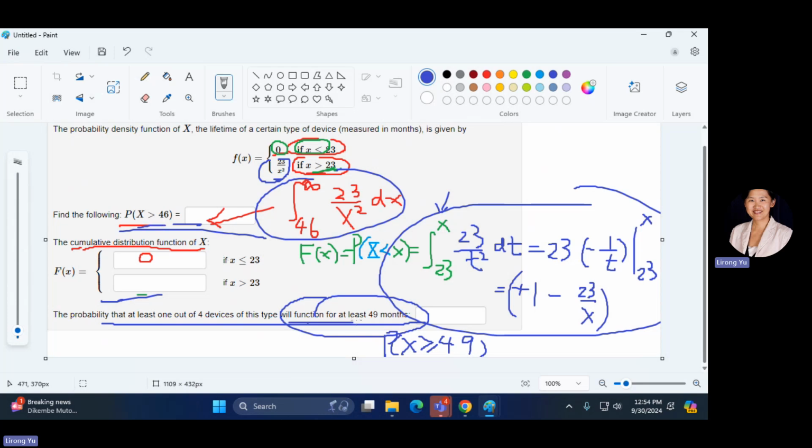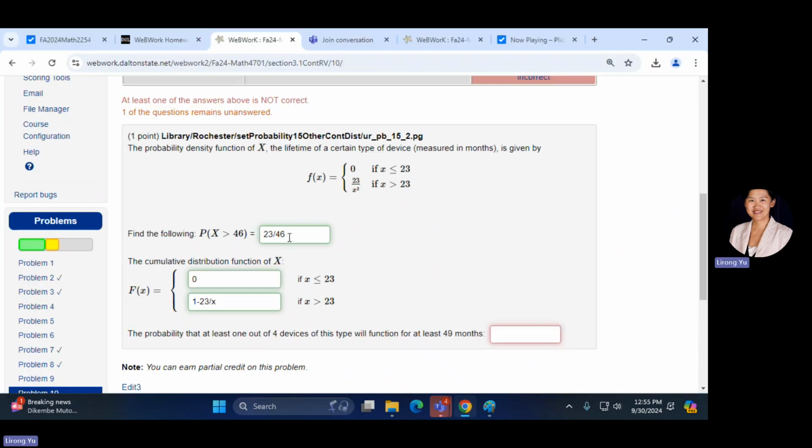This probability for one device will be 23 over 49, because my answer to the first question was 23 over 46. So for one of them to last that long, it's 23 over 49. We're saying at least 1 out of 4 will last that long.